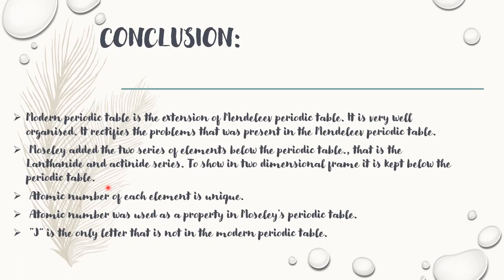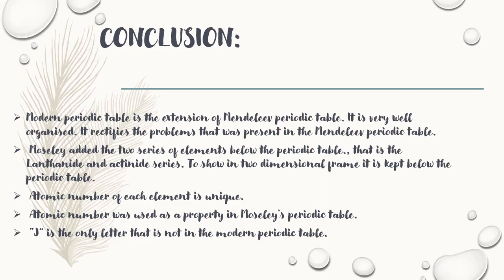Conclusion. The modern periodic table is an extension of the Mendeleev periodic table. The modern periodic table is well organized and it rectifies the problems that were present in the Mendeleev periodic table. Two series of elements were added below the periodic table, that is the lanthanide and actinide series. To show it in a two-dimensional frame, it is kept below the periodic table.